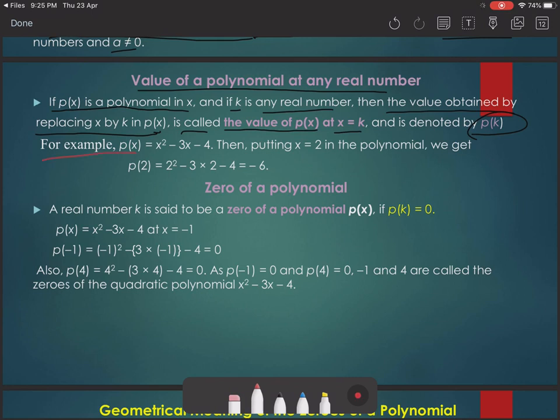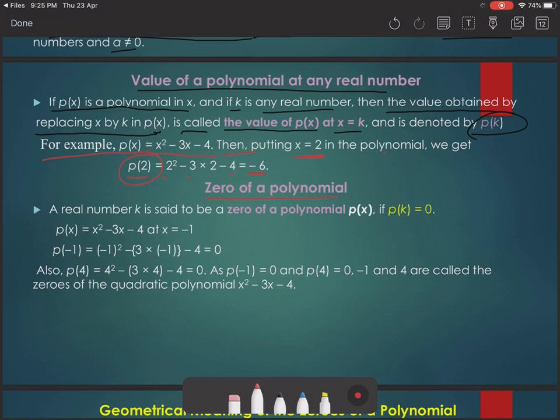For example, if p(x) is equal to x square minus 3x minus 4, then if we put x equal to 2 in our polynomial, what do we get? p(2) is 2 to the power 2 minus 3 into 2 minus 4, which is equal to minus 6. This minus 6 is called the value of polynomial p(x) at x equal to 2.